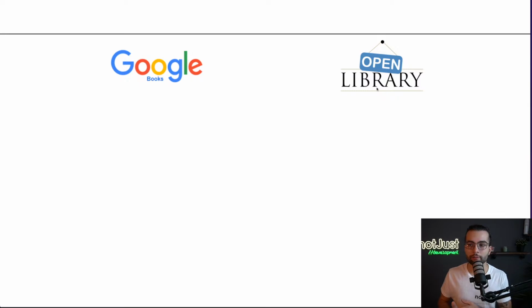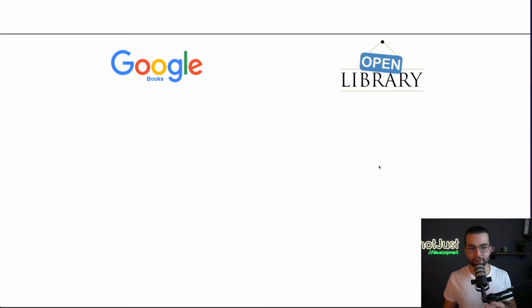We want to use two of them in order to have a more complete data set of books in our application. If some information is missing on the Google Books API, that information might be available on the Open Library. And that's the same with different types of books. Some of them are available on Open Library, and not available on Google Books, and so on. So there are a lot of use cases when you would like to consume multiple data sources in order to have a complete data set. Not only books, but in a lot of applications you have that.